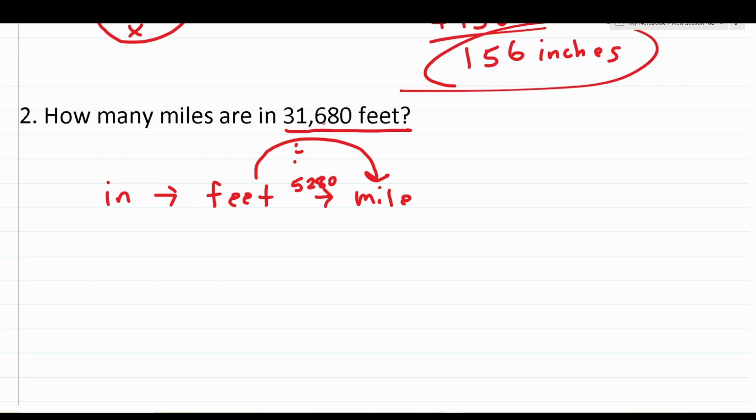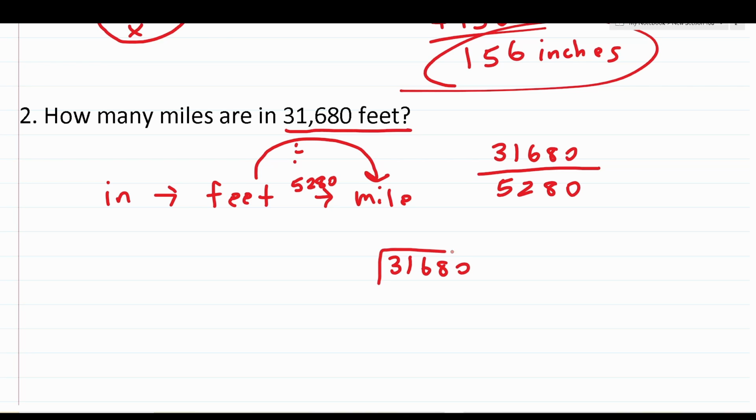So to convert 31,680 feet to be in terms of miles, we're going to take 31,680 and divide it by 5,280. We can read this as a long division.